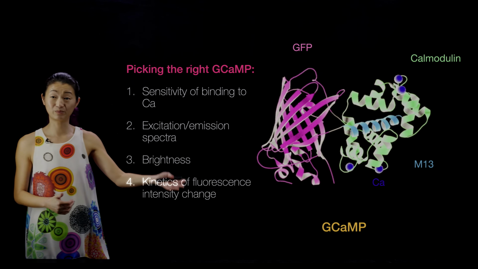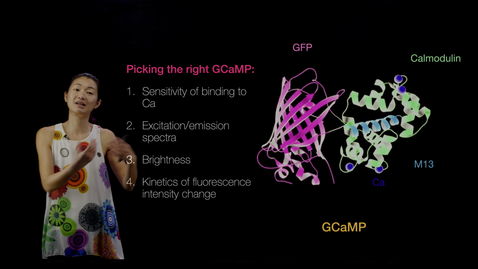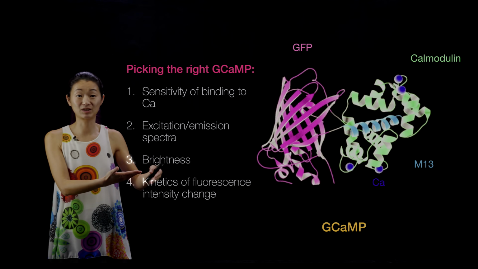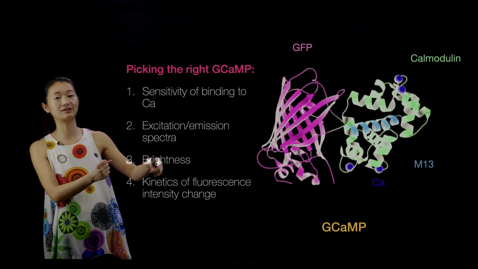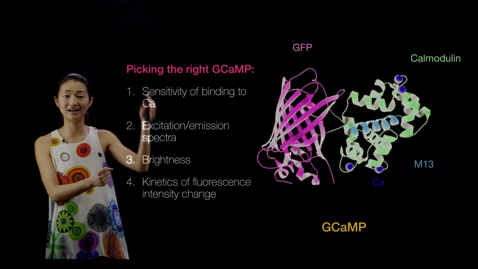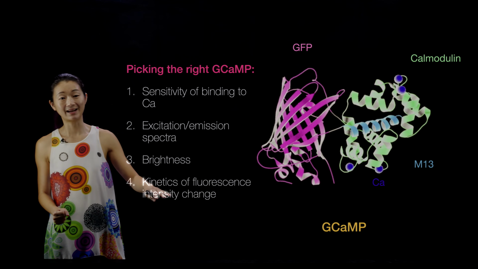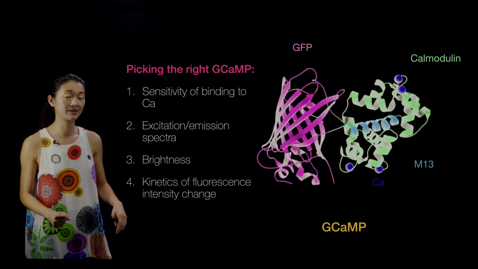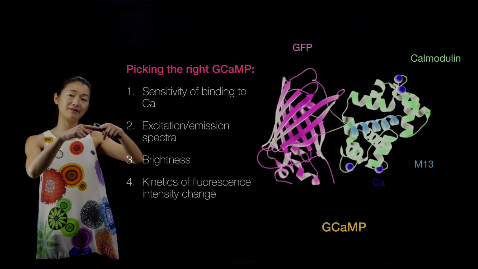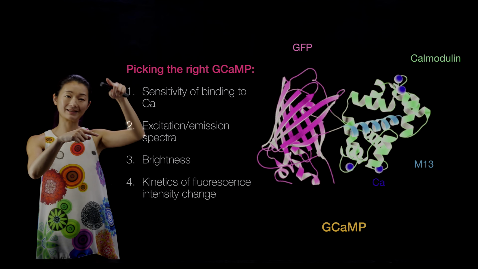You might want to pick your brightness, right? If you want something super fast, you might want it to be really bright. If you want it to be kind of slow, then you can get away with something that's more sensitive, but less bright. Okay, so these are all trade-offs here. There's no one perfect GCaMP version that does excellently at every single one of these different criteria. And the fourth criterion is the kinetics of fluorescence intensity change, which is that convolution filter I talked about, right? The convolution filter makes it so that every time there's an action potential, the GCaMP signal delta F over F goes up, and then it comes back down.